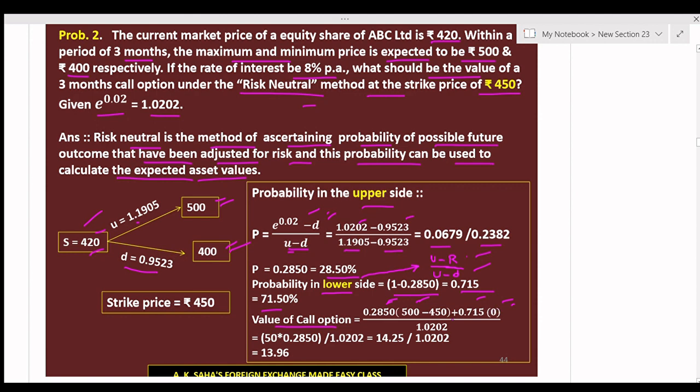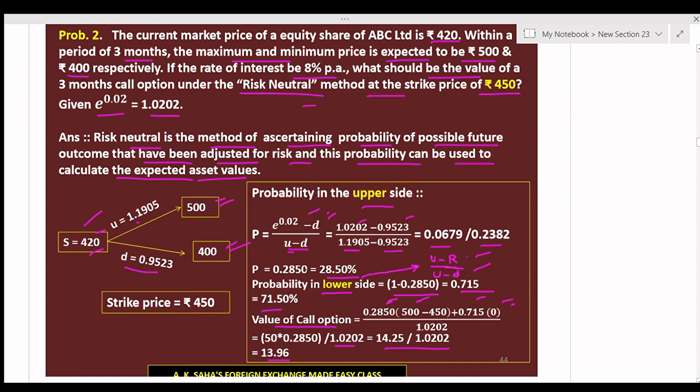So the value of the call option will be 0.2850 into 50 divided by e to the power 0.02, that is 1.0202, is equal to 13.96. The value of the call option is 13.96.